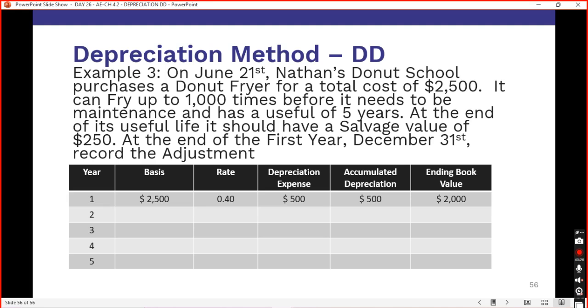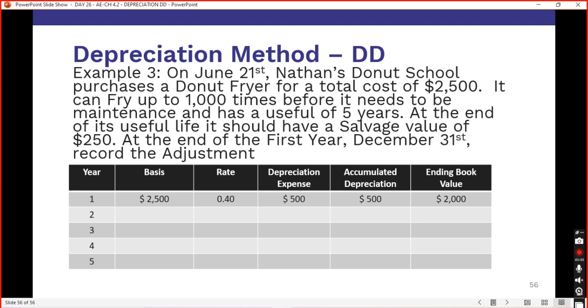You're going to depreciate for a whole accounting year, correct? So you would depreciate for a whole year of its life because you're starting from January 1st all the way to December 31st. So in this case, the years in the depreciation table are your accounting years, not the asset's life.